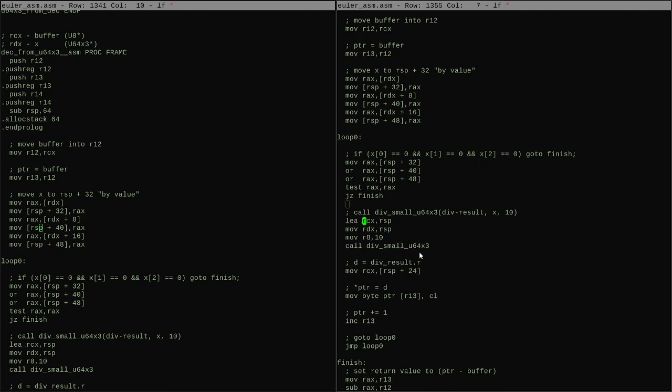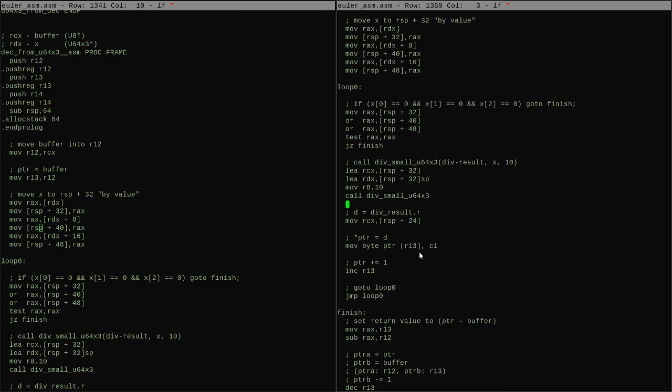RSP here, we'll switch to load effective address, RSP plus 32. It's right here, RSP plus 56 now.